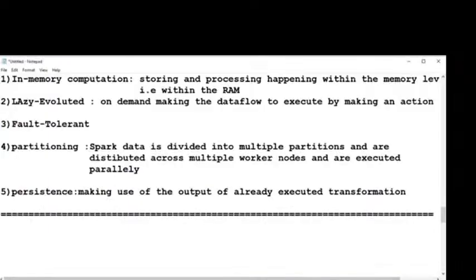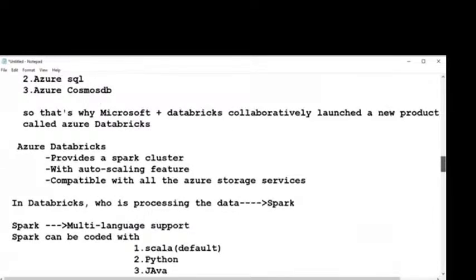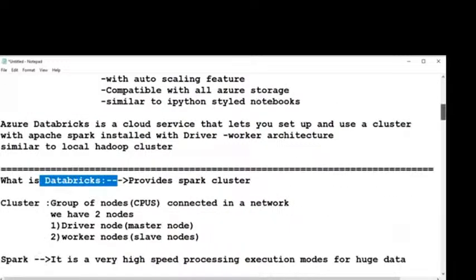So, one second. What is ADB? What is Databricks? Yesterday, I clearly discussed. What is normal Databricks, and what is the difference between normal Databricks and Azure Databricks?